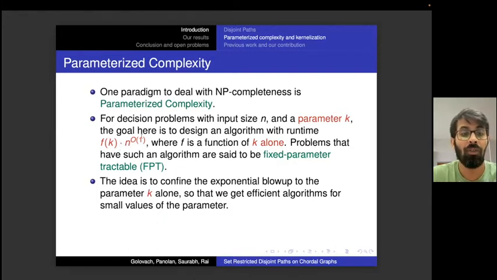The dependency of the running time on n we want to be polynomial, and we want the exponential blow up to be confined in k, so that if the parameter k is small, then we still have an efficient algorithm. So if k is some constant, then we get a polynomial running time, for example.